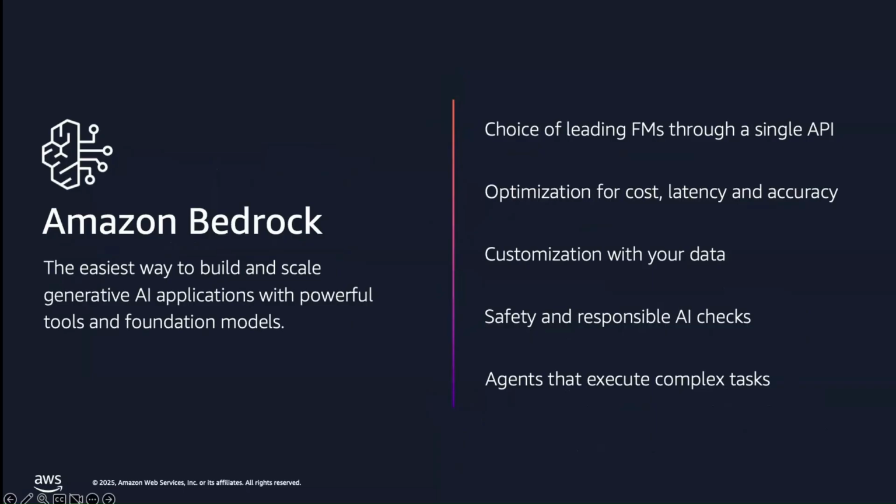Then you can do cost optimization, latency, accuracy. You can customize the model response by integrating your data sets as well. And safety is job zero here at Amazon. So we make sure we provide guardrails around the agents or around the models to make sure the integrity of your brand remains.